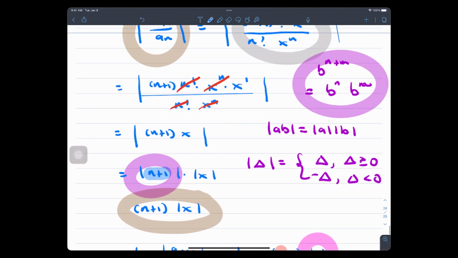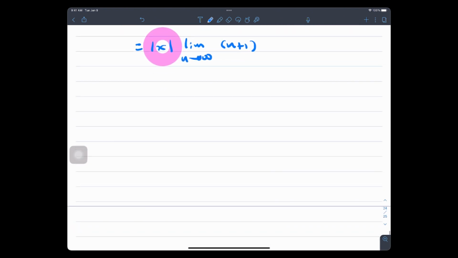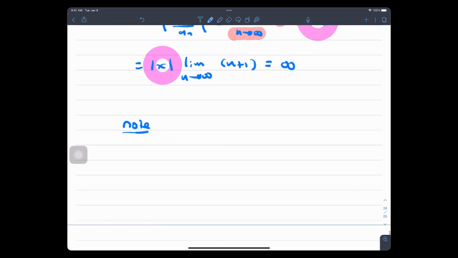So now, you might say, what do you do with this? What does this mean? I want you to be careful with this and note a few things. You can say that this limit is going to be infinity. How do you know that limit's infinity?